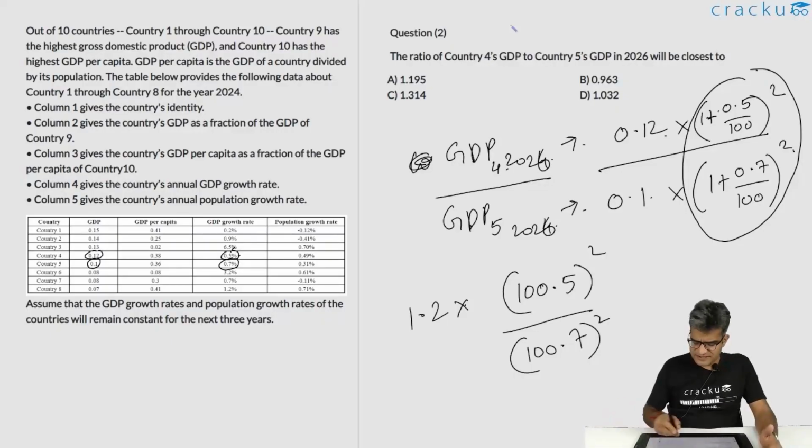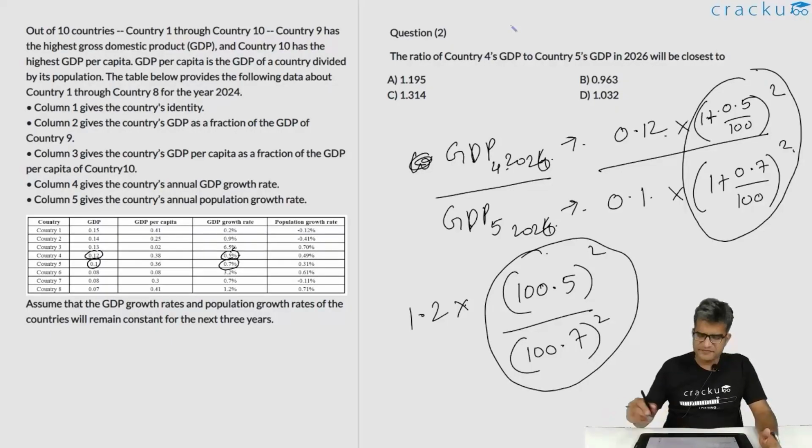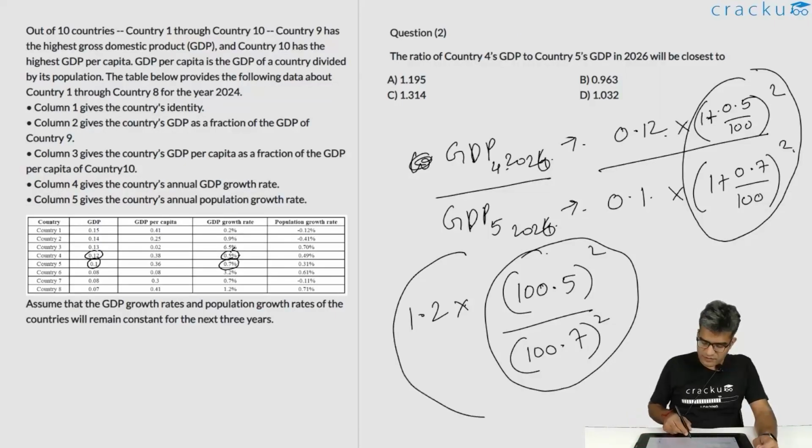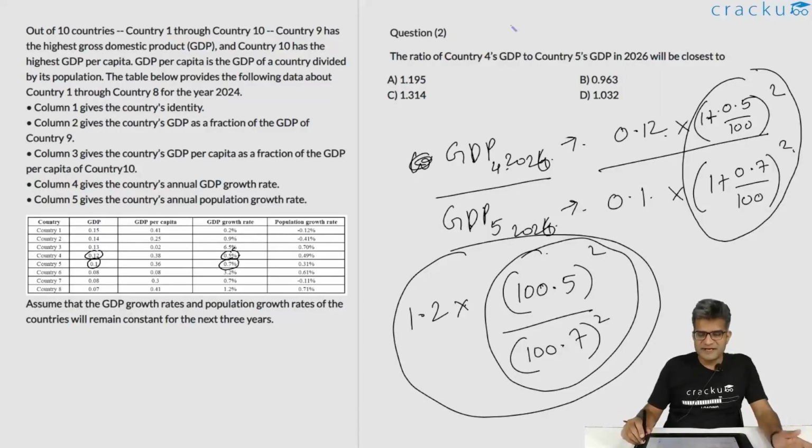Now, one thing you'll notice is this will be very close to 1. It is basically 100.5 divided by 100.7, which will be very close to 1, but it will be less than 1. So this overall ratio will be less than 1.2, which is the constant over here, but it will be very close to it. An approximation for this will be something like say 0.99.